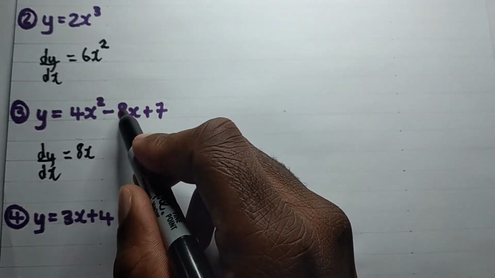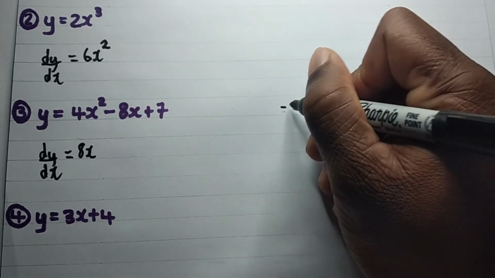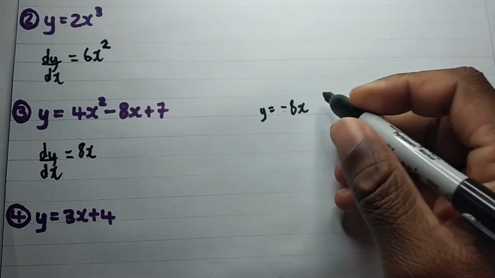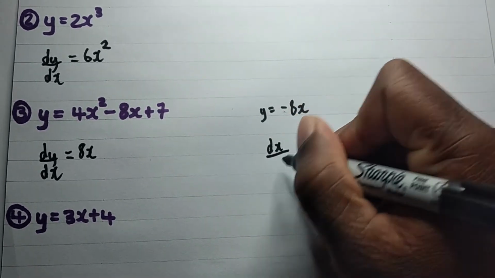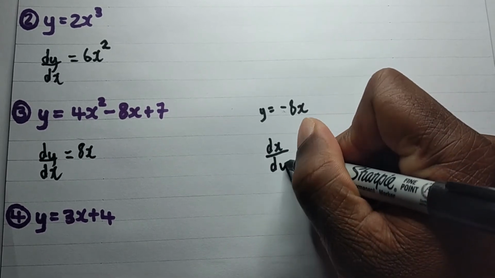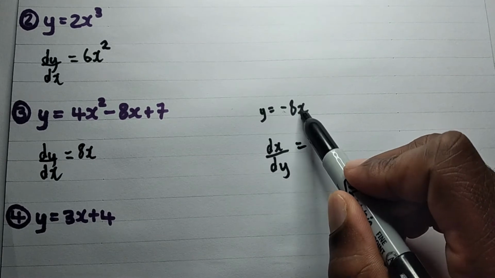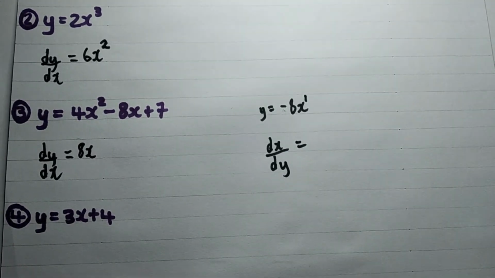Now if we differentiate this negative 8x, let's say we have a function equal to negative 8x, then dy by dx would be equal to, now negative 8x is the same thing as negative 8x to the power of 1.